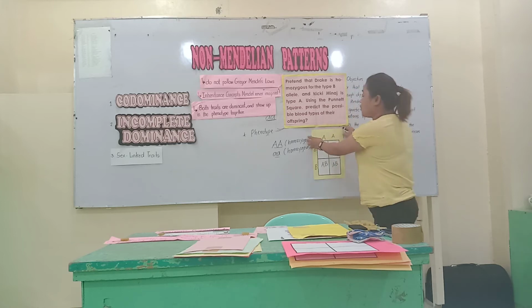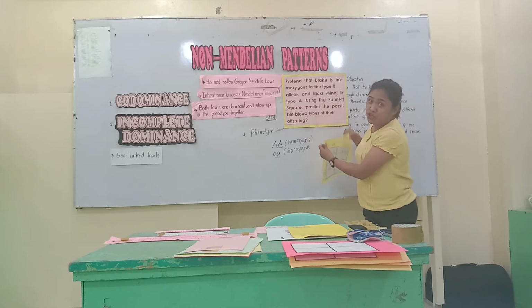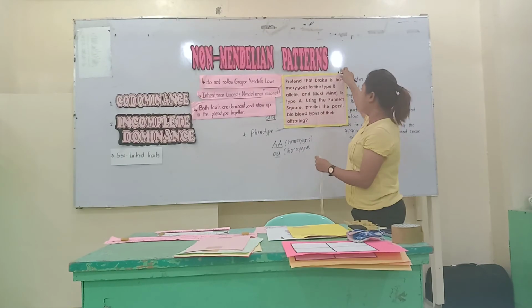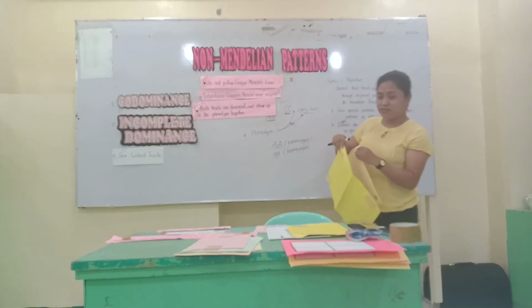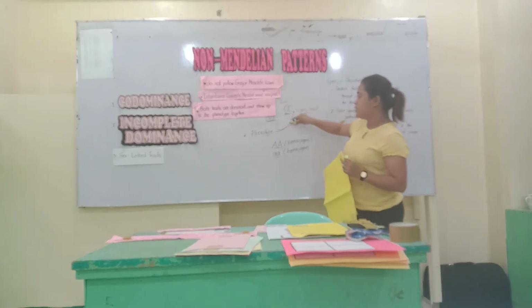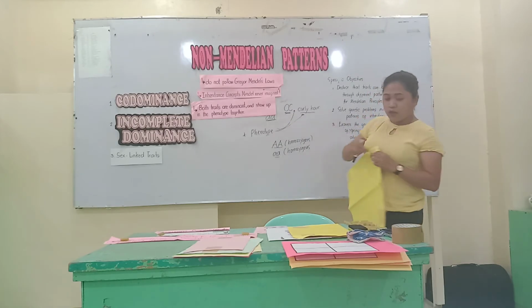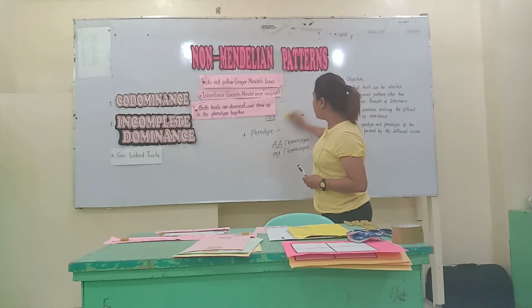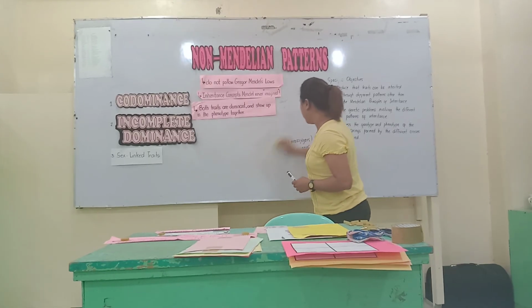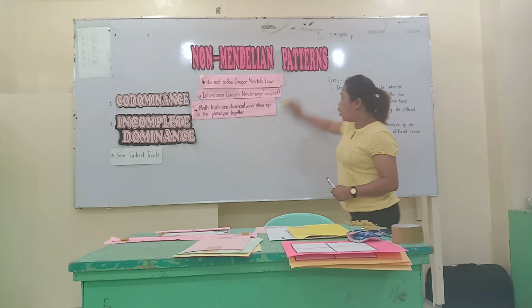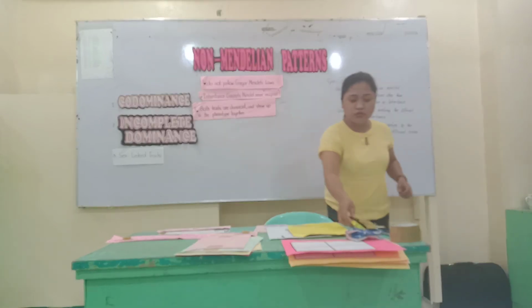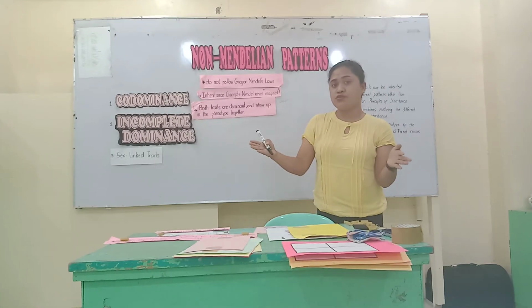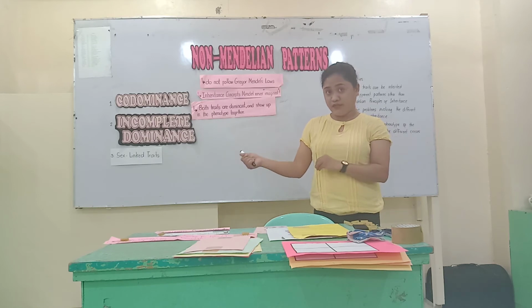Okay? So kung may mga pangutana, pwede na po ninyo i-chat. Okay? Or private message or dito sa ato ang GC. Okay. Now let's move on to the second non-Mendelian pattern of inheritance. Okay, I hope nga nasabtan to ninyong homozygous nga alleles. Okay?